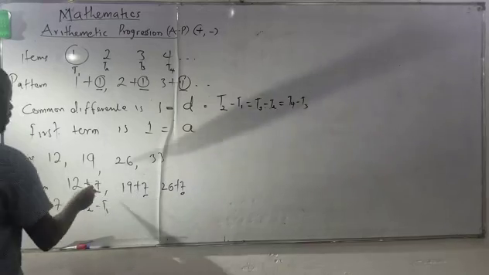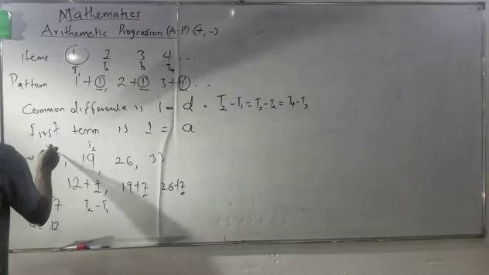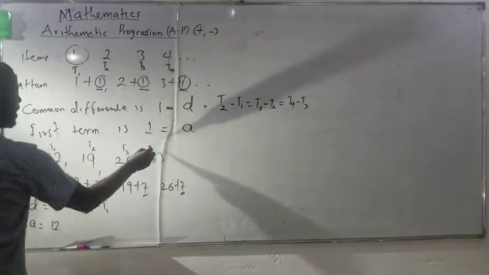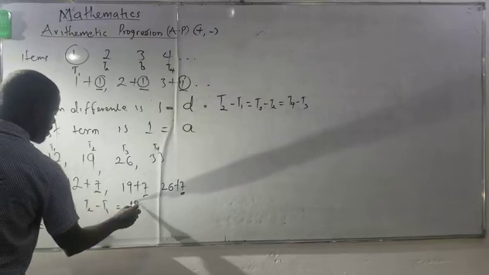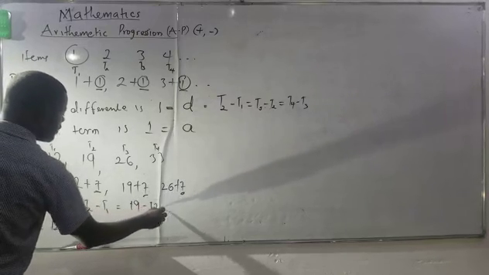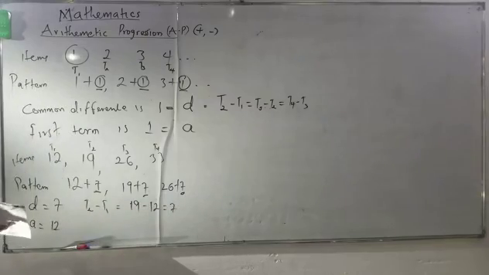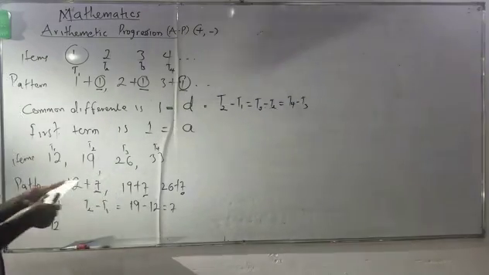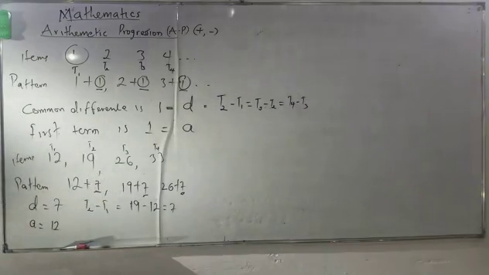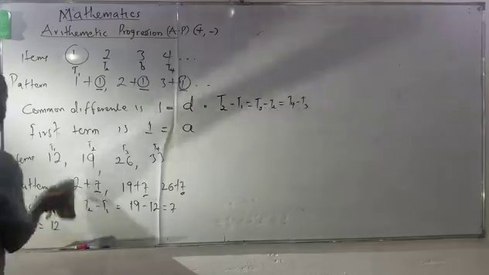This is my T1, my T2, my T3, and this is my T4. My T2, which is 19, minus 12, equals 7. In any way, this is how we find our common difference. Can I move on to the next one?